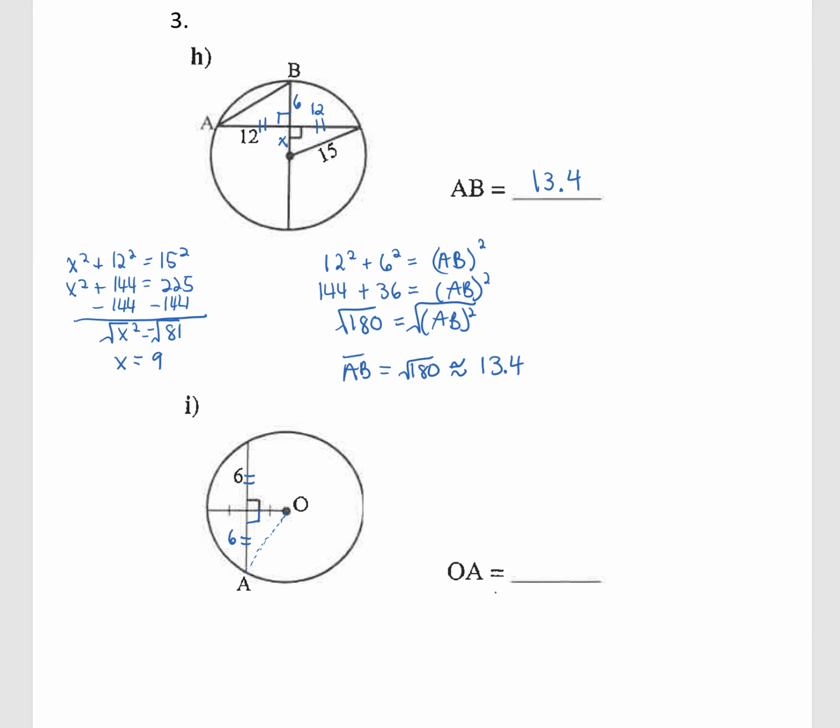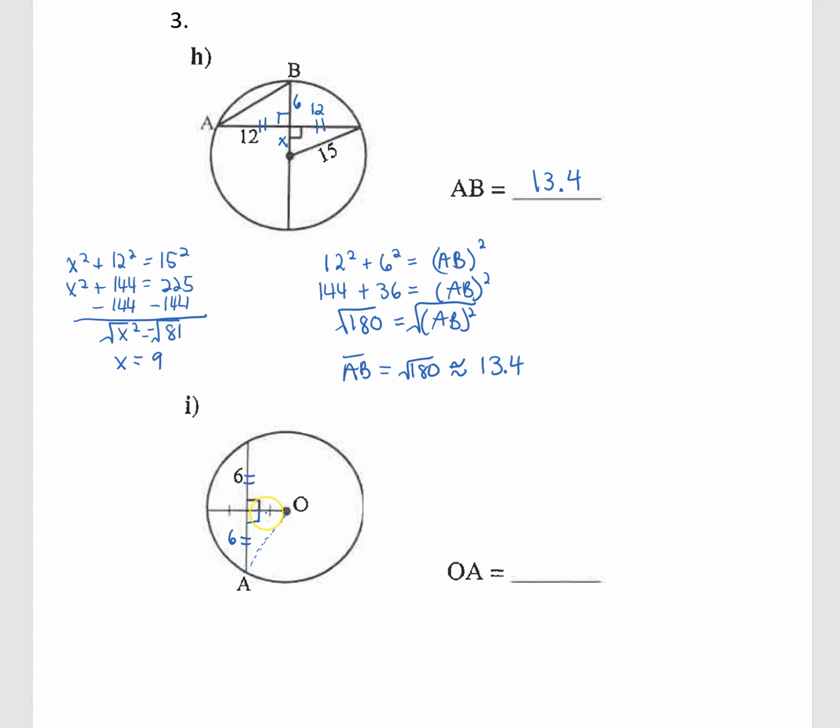We can come up with another equation here using the Pythagorean theorem, where we know one side is 6, but we don't know the other two sides. But we can figure out an expression for this side, because if this is OA, this is the radius of the circle, and this is also the radius of the circle.